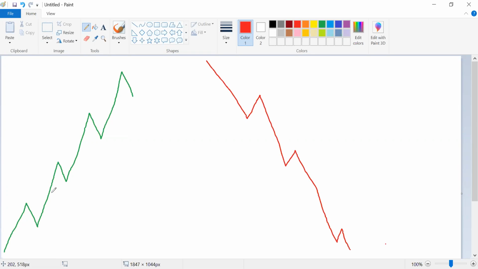Now, when the price is going up, let us focus on the left hand side first. Don't look at the right hand side. First we will check the upward move. Price goes up, then comes down, then goes up, then comes down. What are we seeing?